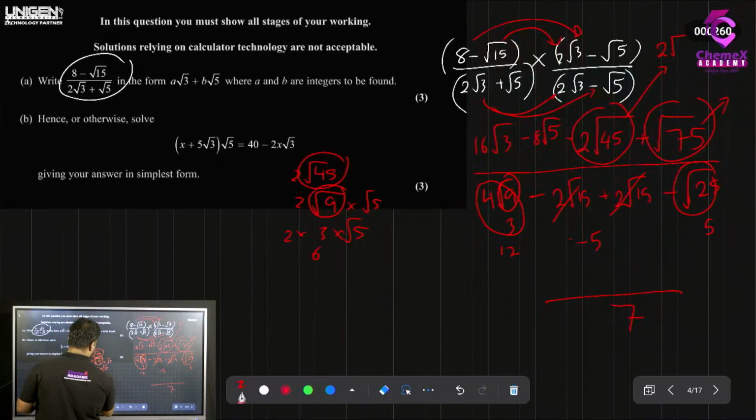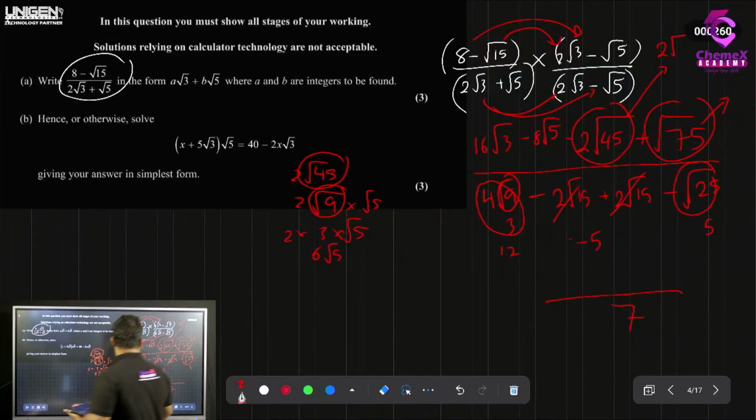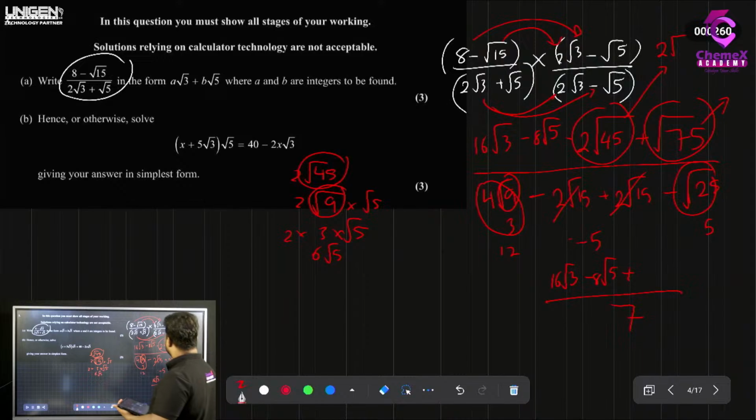So what's the equation then? 6 root 5. I'm going to put 16 root 3 minus 8 root 5 plus, is it plus or minus? Here the sign. Minus, right? Minus 6 root 5.